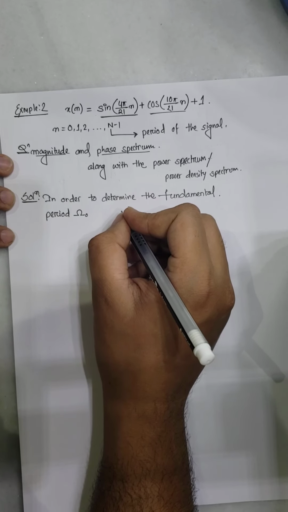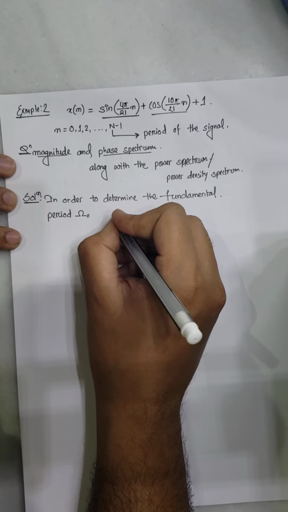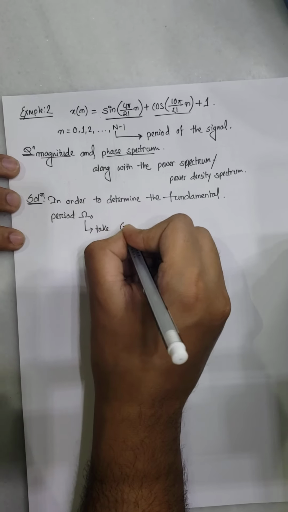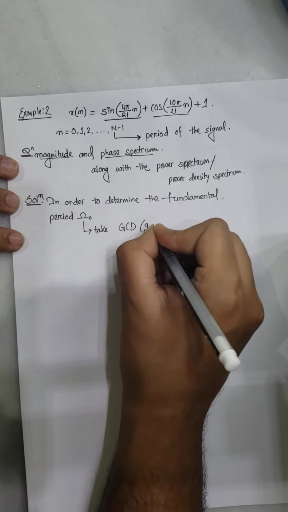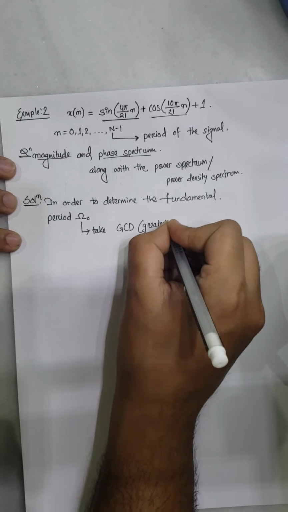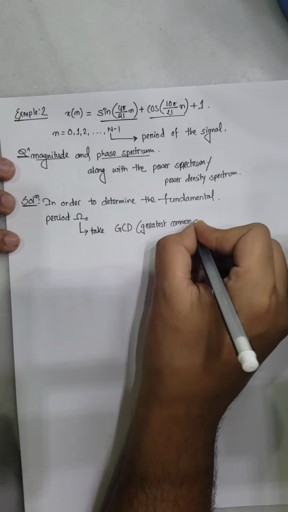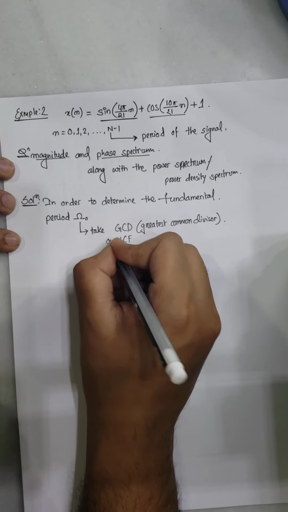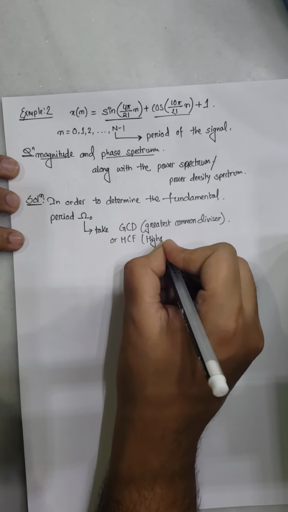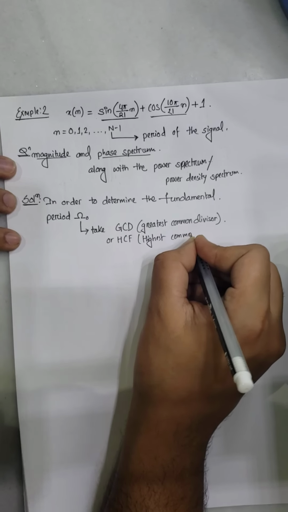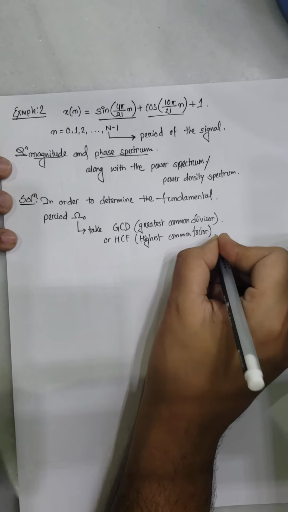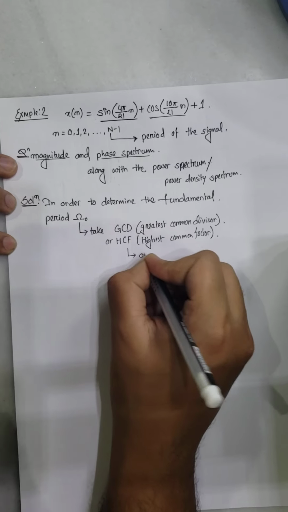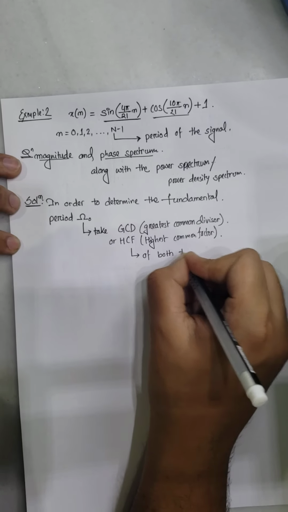omega naught, what we need to do is take the GCD, which is the greatest common divisor, or otherwise known as the HCF, the highest common factor of both the frequencies.